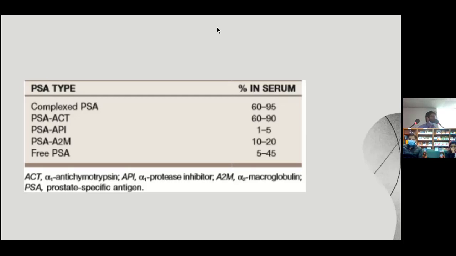So for us, still, the value remains at the PSA density point of view. But from that point of reference, if we have PHI in our perspective, our decision making and yield of positive biopsies would increase.